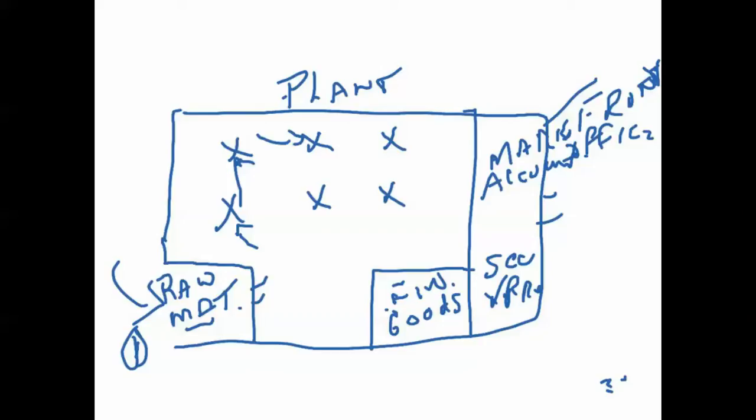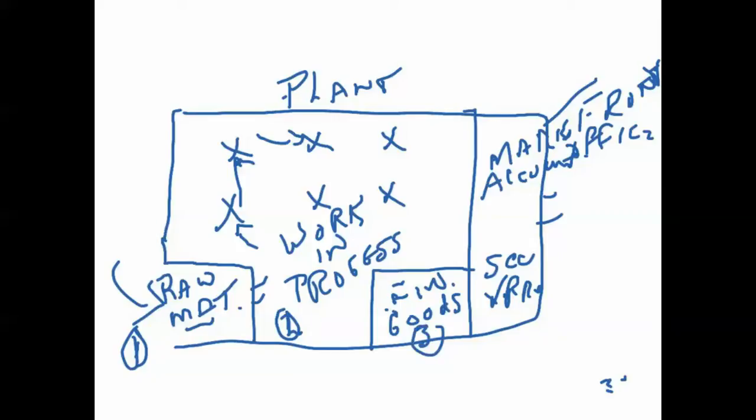And so when the material is on the floor, it's no longer raw material because it's been worked on. And it's not finished goods, so it's work in progress. And that is an inventory category. So you have raw material inventory, work in process inventory, number 2, and number 3 is finished goods.